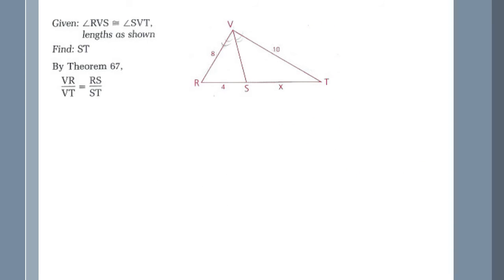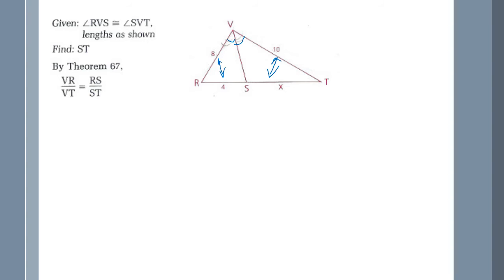All right, so angle RVS is congruent to angle SVT. So this is congruent to this. The lengths are shown. We want to find ST. Well, the easiest thing to do is compare these ratios. Those ratios have to be equal.